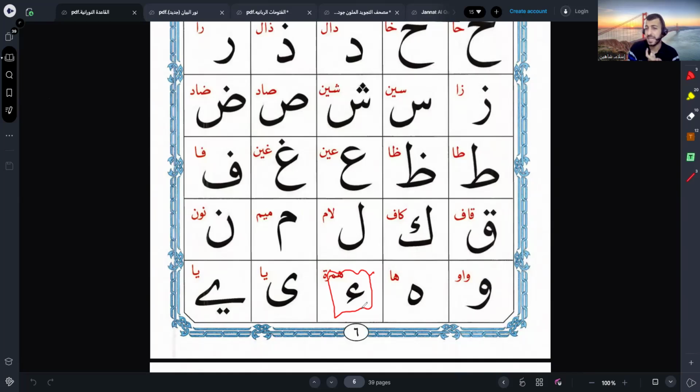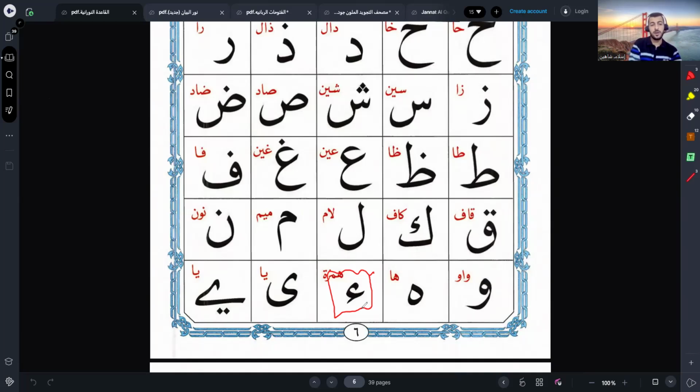Hamza makes an a sound, but alif just extends it. When it comes to med, the only alif we have is the alif al-med. All other shapes are just hamza, and they all take an a sound. So hamza makes an a sound, o or even e. Alif just stretches the sound of a. We're going to come to this too.